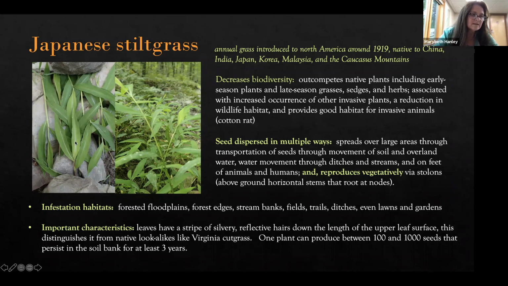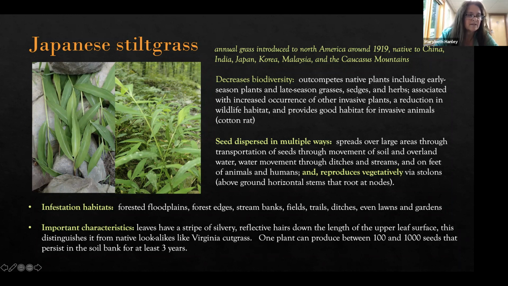The main thing is that it looks very similar to a couple of native grasses. One, Virginia cutgrass, looks very similar to this plant, and it does grow with this plant. But if you look at the photo on the left, you can see a silver, reflective stripe going down the length of the leaf blade.